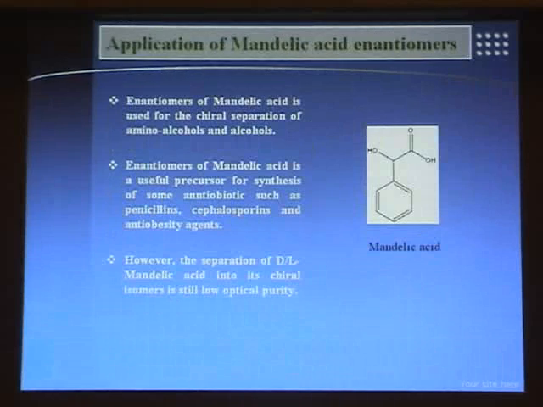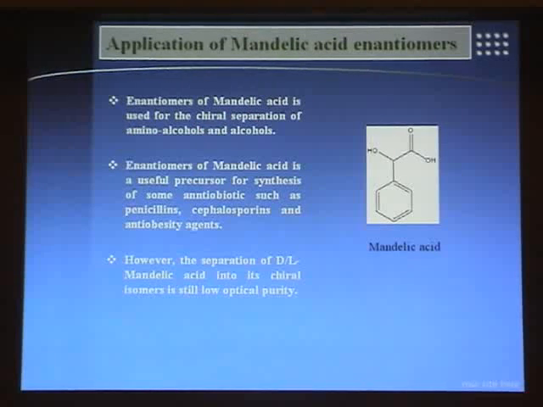For my research, I'm using mandelic acid as the starting material, because enantiomers of mandelic acid are useful for chiral separation of amino acids and alcohols.